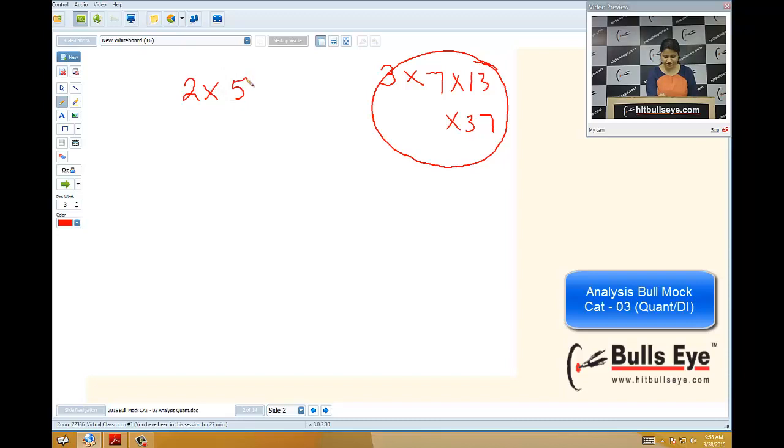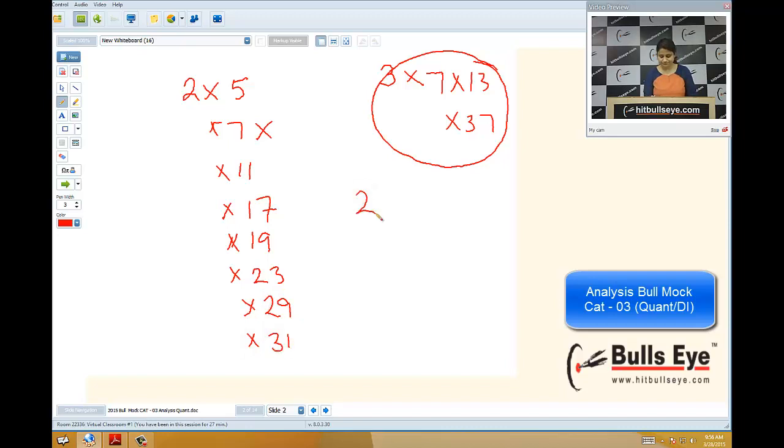Now, with the 2, it can be 2 into 5. It can be 2 into 7. We cannot consider this. So, we'll take 11. I cannot use 13. We'll take 11, 17. We can take 19. We can take 23. We can take 29. We can take 31. We cannot take 37.